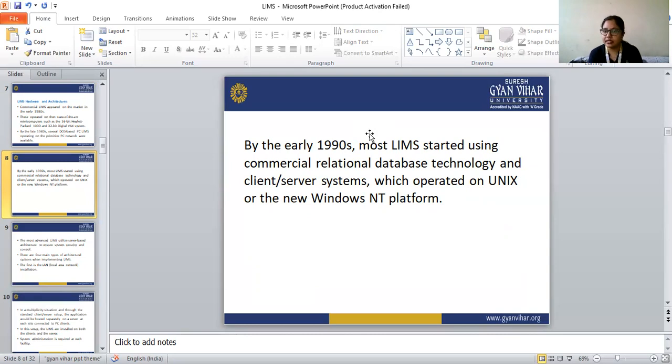By the early 1990s, most LIMS started using commercial relational database technology and client server systems, operated on Unix or the new Windows NT platform, which are again operating systems.